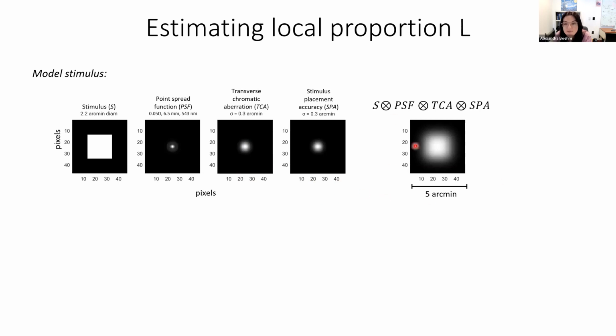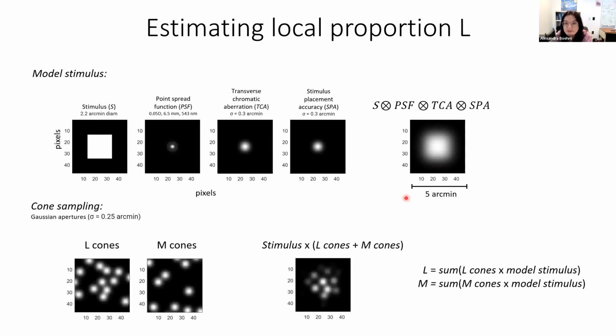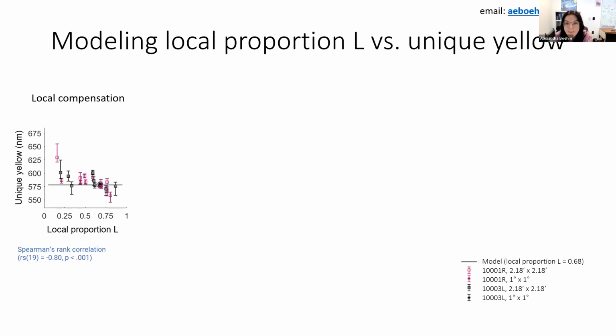So we apply this modeled stimulus to the cone sampling array, where each cone, L or M, is modeled as a Gaussian. And we perform a simple multiplication between the stimulus and the cone arrays to estimate the relative L and M cone proportions responding to each stimulus. So that's what's plotted along the x-axis here, where the local proportion L for each stimulus location is plotted against the experimentally measured unique yellow estimates.